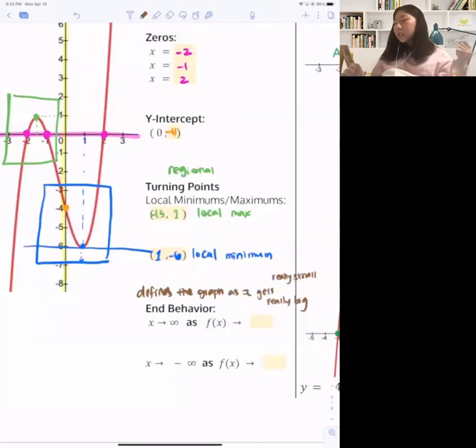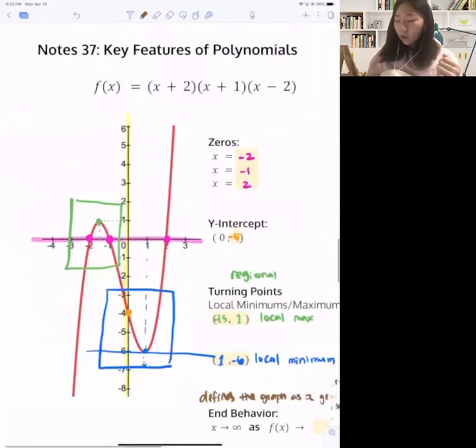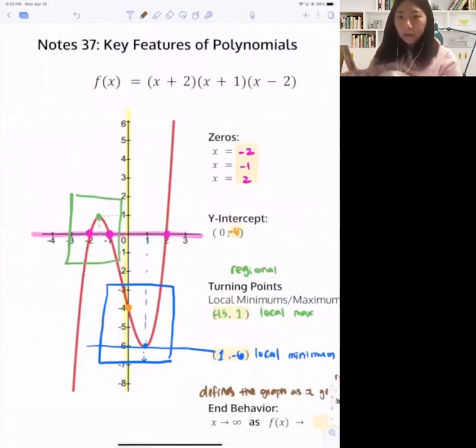When x gets really, really big, how do I know? Take a minute and pause. How can I know when x gets really big? In this graph, I only see x at 3. When x gets really, really big, it can reach infinity, so it's going really far to the right. When x gets really far to the right, what happens to my function?